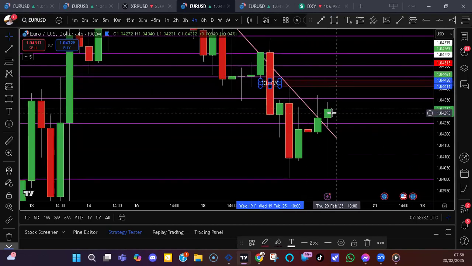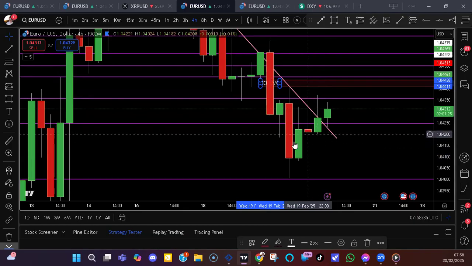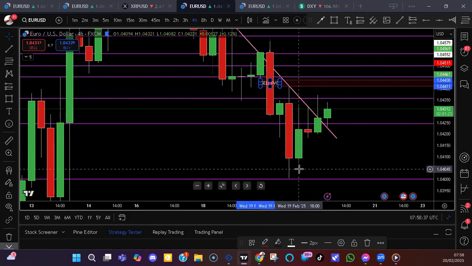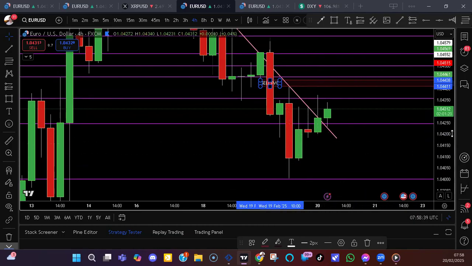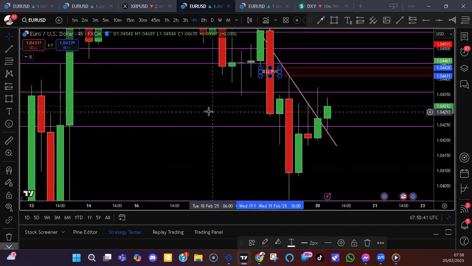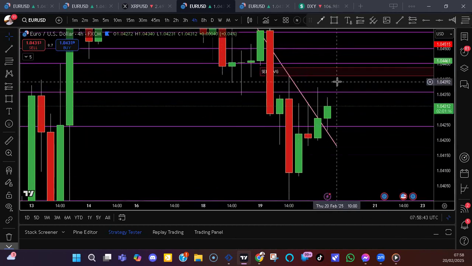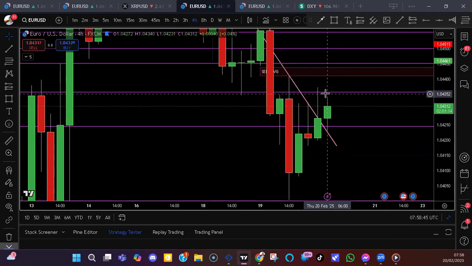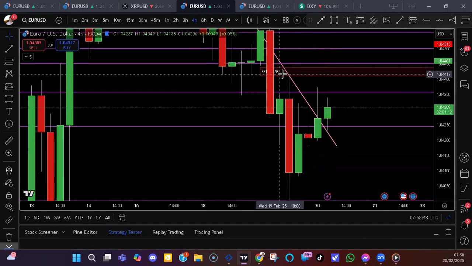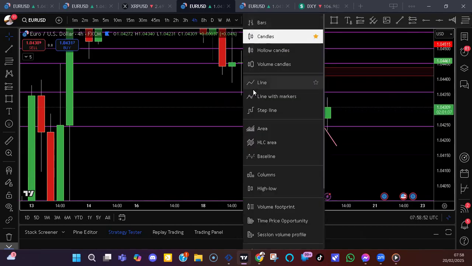Are they going to be trying to do that now? Because there is no imbalances down here in the near future. So will price want to be tapping into that? To do that, obviously they've got to get over this support and resistance line. Let's put it down onto the line chart.